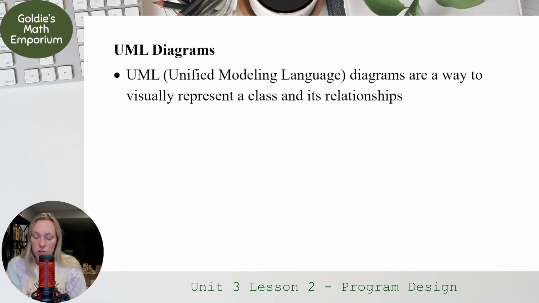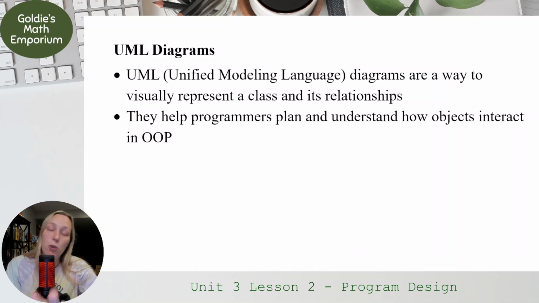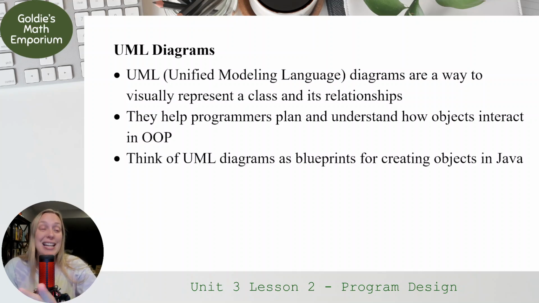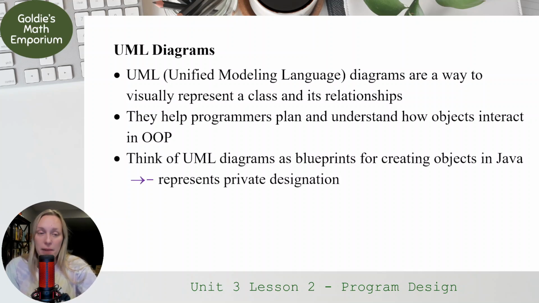UML diagrams are also very helpful when you start getting into inheritance and abstract classes and all of that good stuff, because it is a visual way to show all of those relationships. For us right now, we're just keeping it simple with one UML diagram. It helps programmers plan and understand how objects interact, okay?